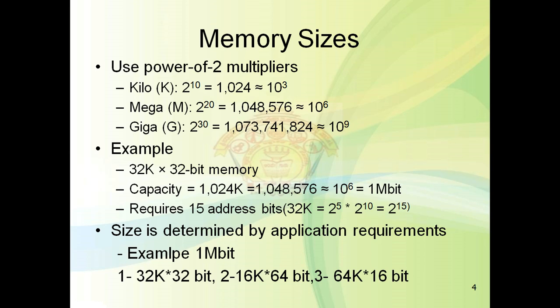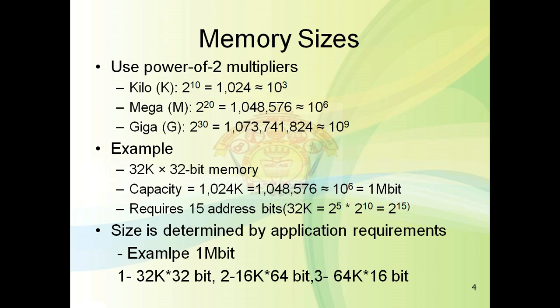So what is the memory size? Memory size depends upon the number of locations into the number of bits per location. This size varies from kilobits to megabits to gigabits. What is meant by kilobits? A kilobit is 2 raised to 10, which is 1024 bits, approximately 10 raised to 3 in decimal. Hence it is called a 1 kilobit memory.